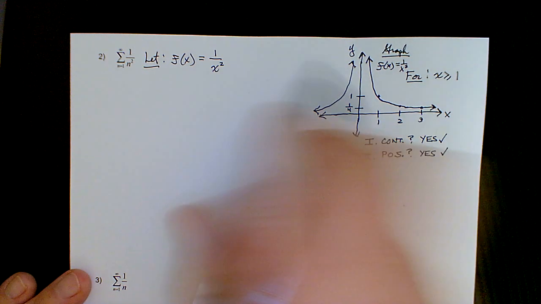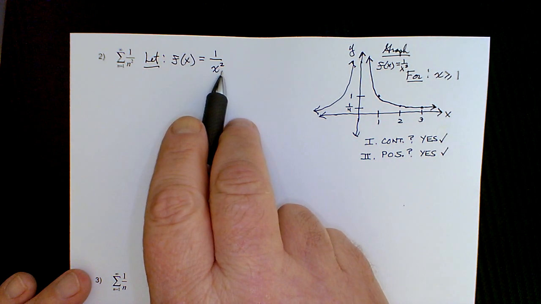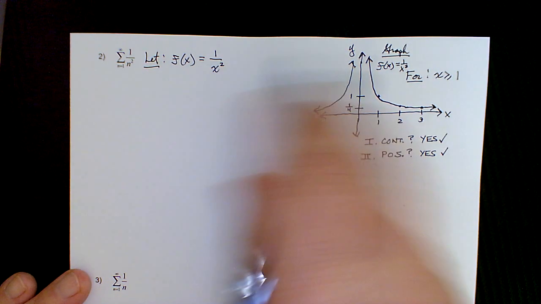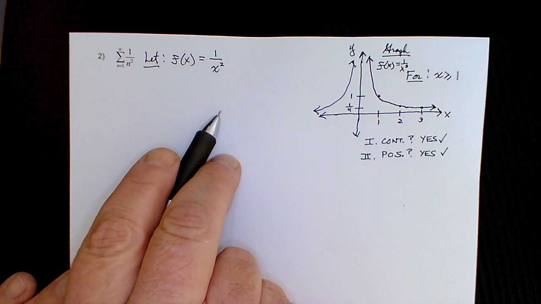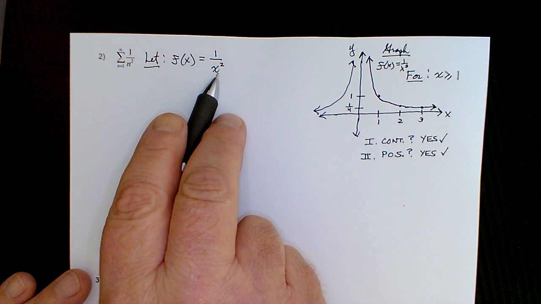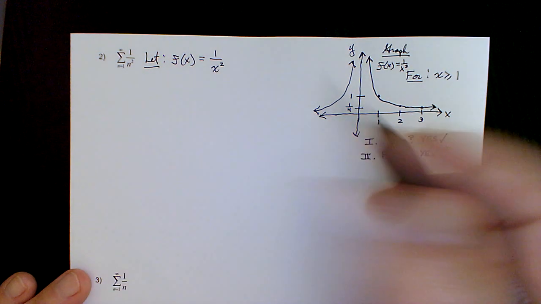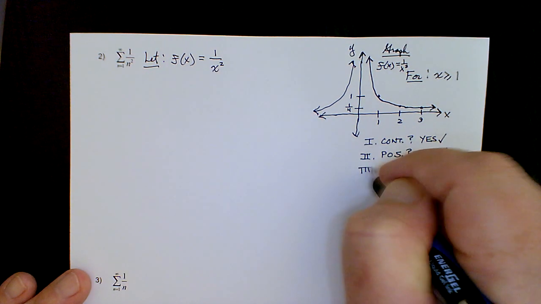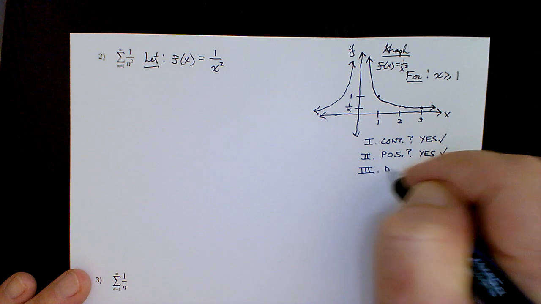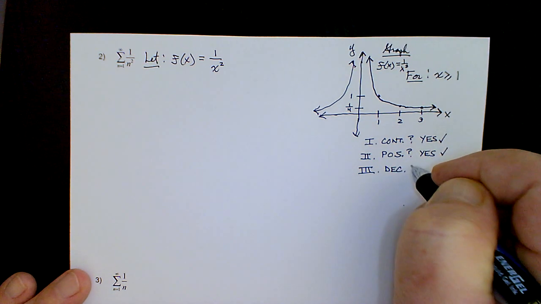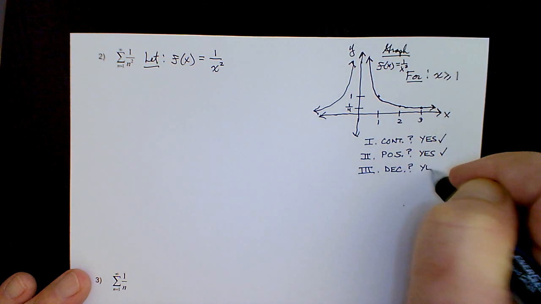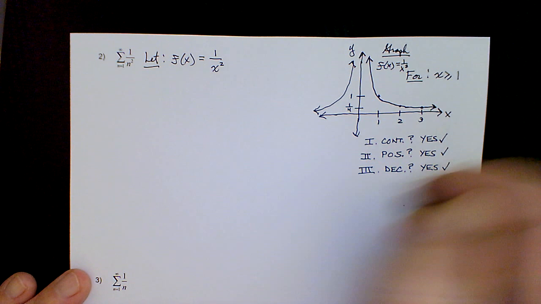You could argue these by inspection of the function as well. You can argue it's discontinuous at 0, so it's continuous for x greater than or equal to 1. You can argue it's positive, because no matter what value of x you put in here, 1 over x squared is always going to be positive. But the third thing, the decreasingness, is why you need the graph. And then you can see that for x greater than or equal to 1, it is decreasing.